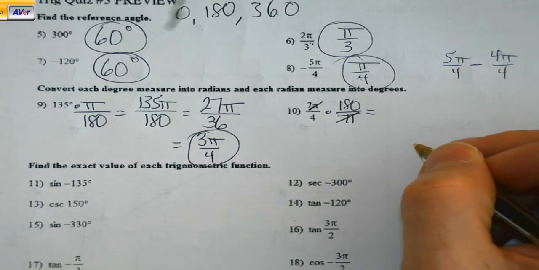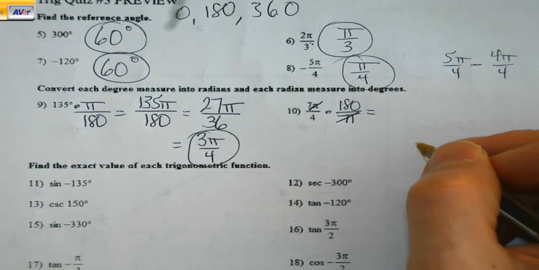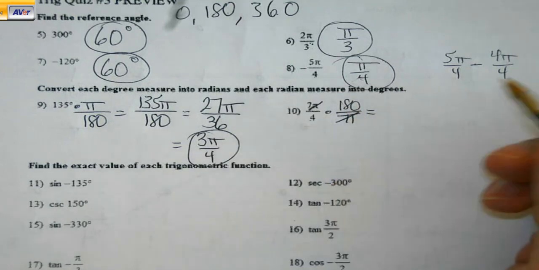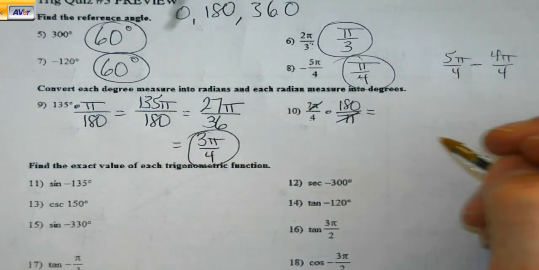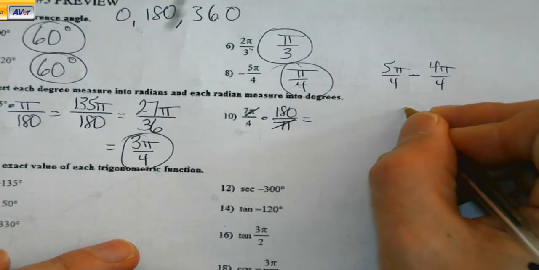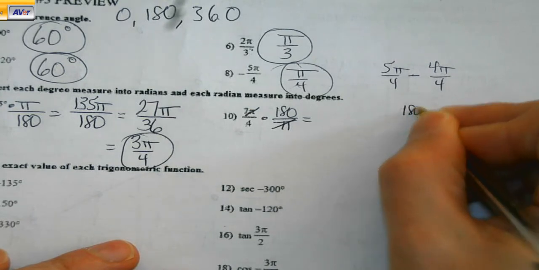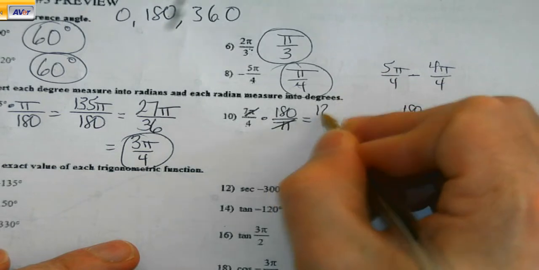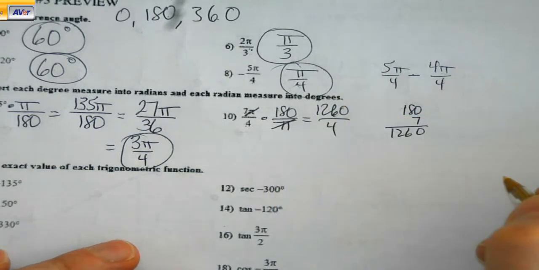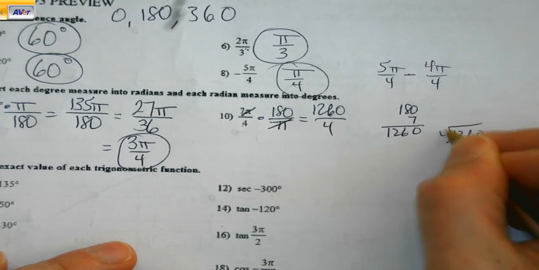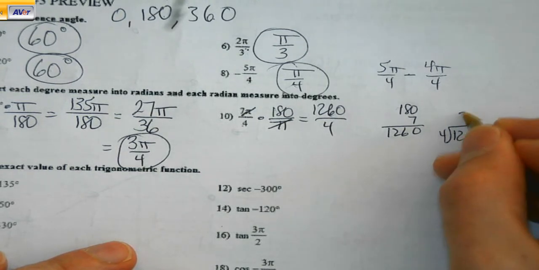Now, one thing I could do here if I notice, 4 does go into 180. So if I wanted to try and reduce right away, which makes my numbers a little bit smaller, I could. But otherwise, the worst thing ever, I know, if you've got to work to the side and do a little bit of old-fashioned, I'm going to work this out stuff, they're like, oh my gosh, what is he doing?